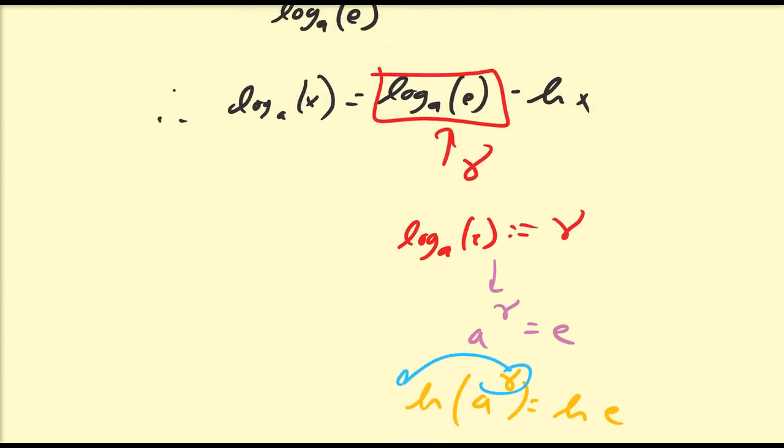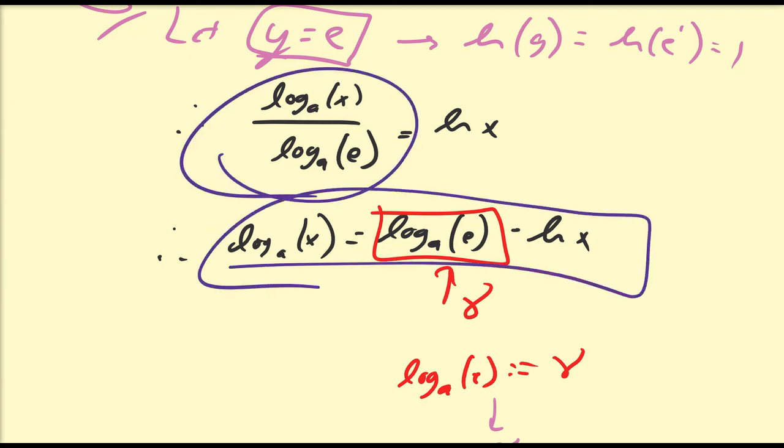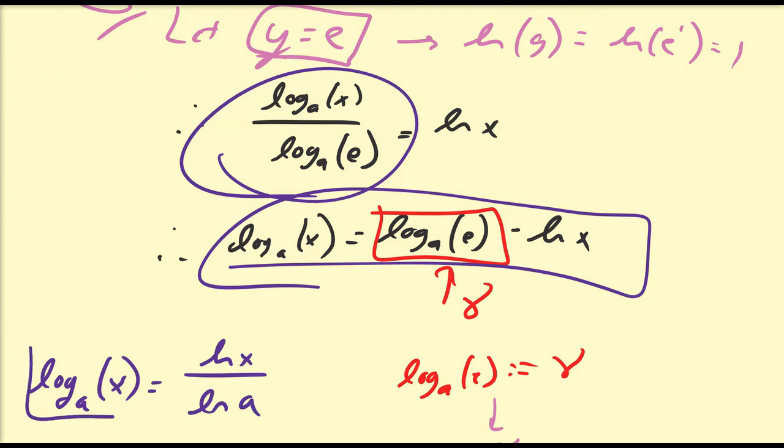So we can go back to this expression here, where we defined gamma, and we have the log base a of x equal to the natural log of x over the natural log of a. So we've expressed a general logarithm as the quotient of two natural logarithms, which is extremely useful.